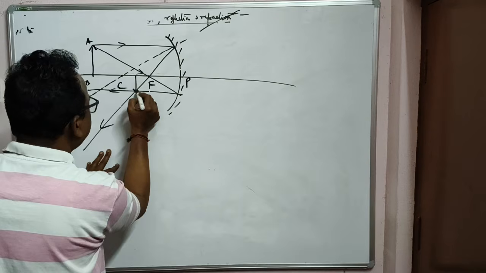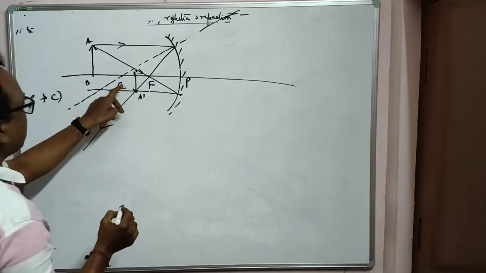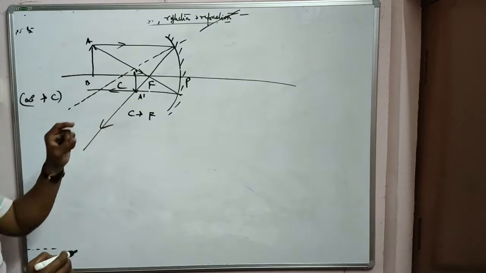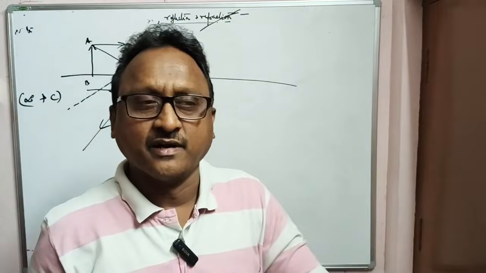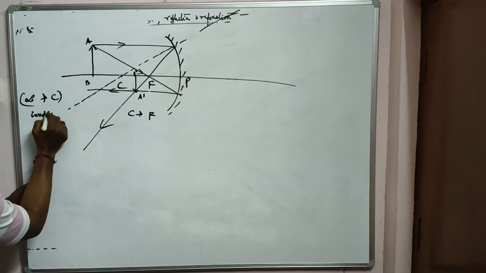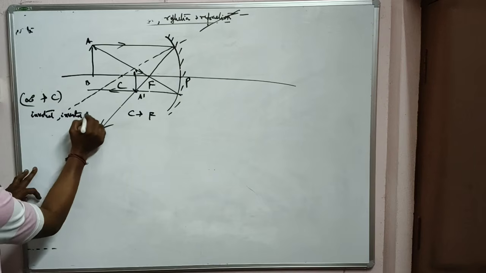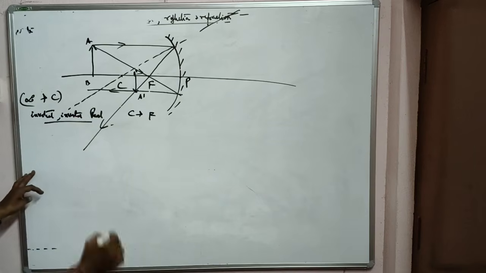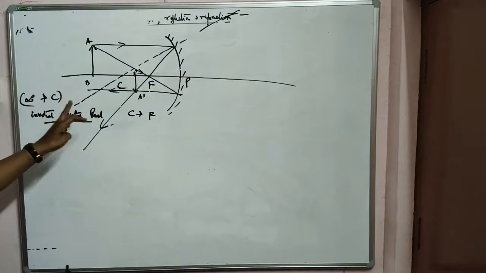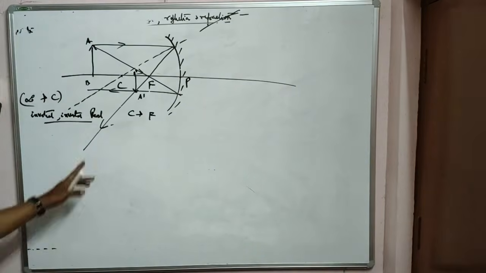And image you can see A is coming to A dash, B is coming to B dash. So image is between center and focus, and slightly diminished, inverted, real image. Okay, inverted, size is decreased, inverted, real image. See, in concave mirror, maximum 90% you will get real inverted images. Real inverted images, please. Okay.